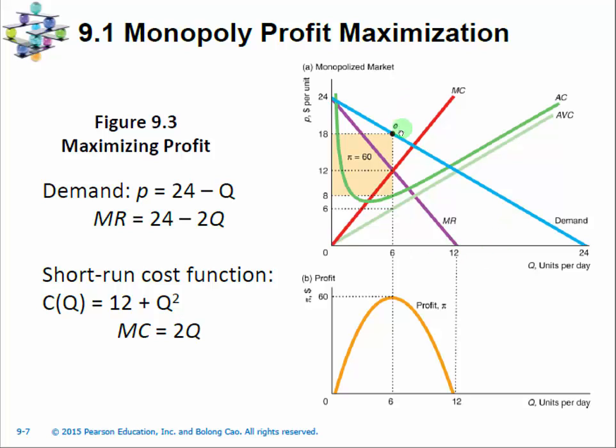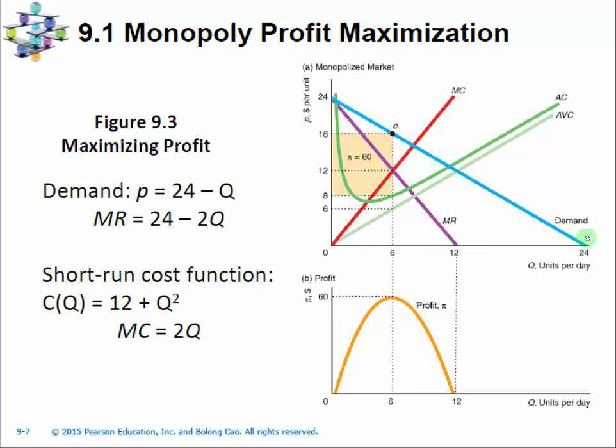After we have decided this profit maximizing quantity, where the marginal revenue meets the marginal cost at the quantity 6 units of output, we can put it back to the demand curve, shoot it back upward to the demand curve to see what is the market price.